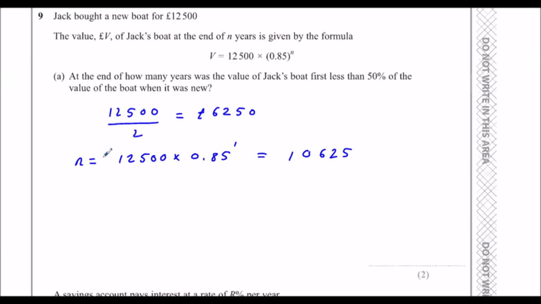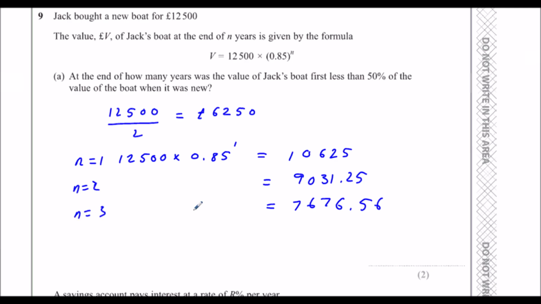£10,625. So when n is 2, I'm just going to go back into the calculator and change the 1 to a 2. That gives me 9031.25. Change it to a 3: 7,676.56.